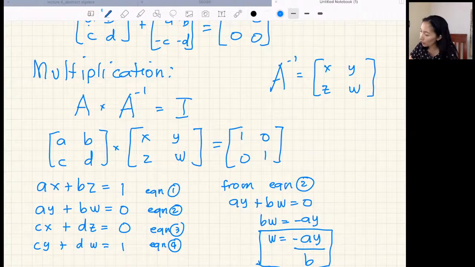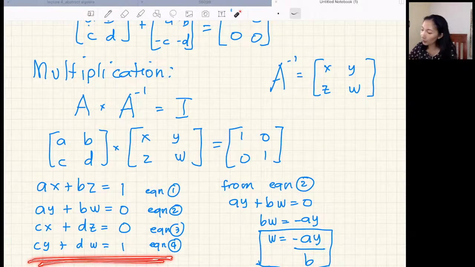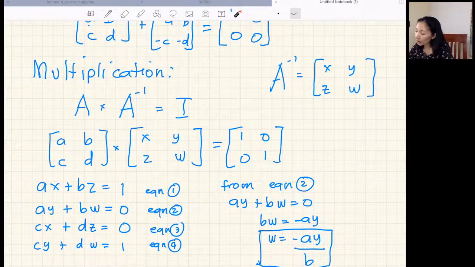Which equation could you find W in? Here, in equation number 4. So I could use equation number 4 in my next step. We will put this in equation number 4.